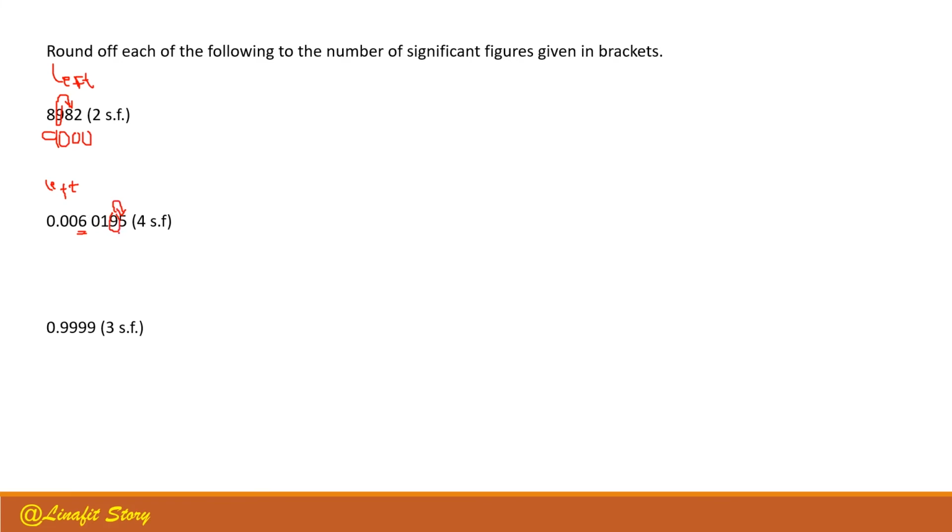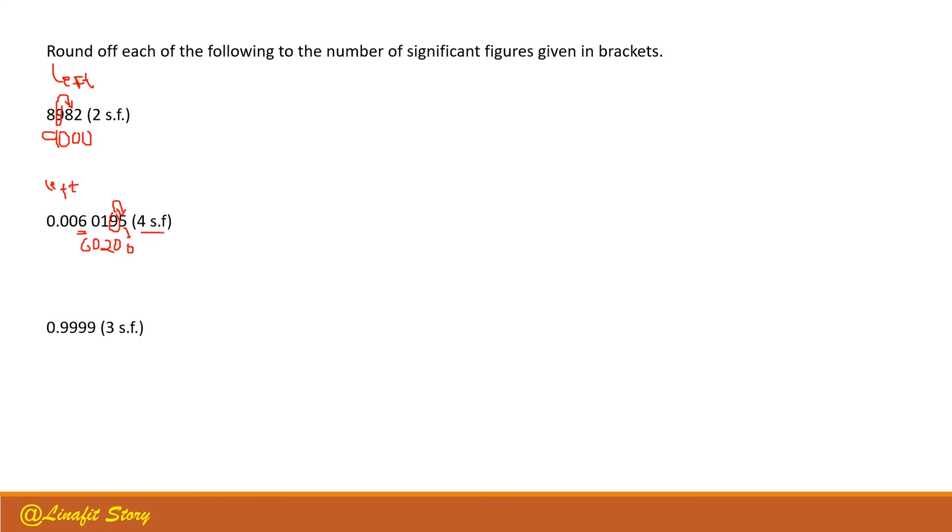So round up. 9 plus 1 is 10. The question is to four significant figures. If you write over here 0.006020, this is incorrect.